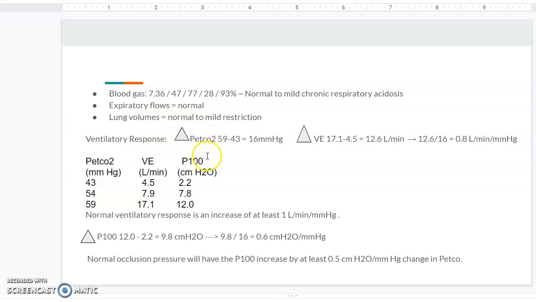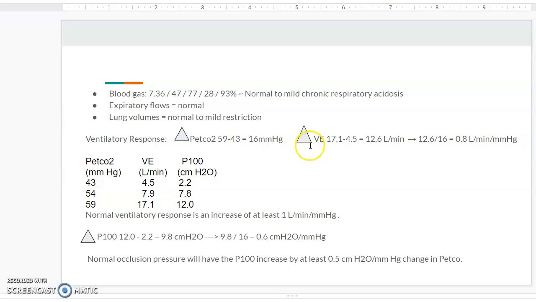So to do that, we take the final measured exhaled CO2, which is 59, okay, and subtract out the very first initial measured exhaled CO2, which was 43. So the difference in exhaled CO2 during the test was 16 millimeters of mercury.